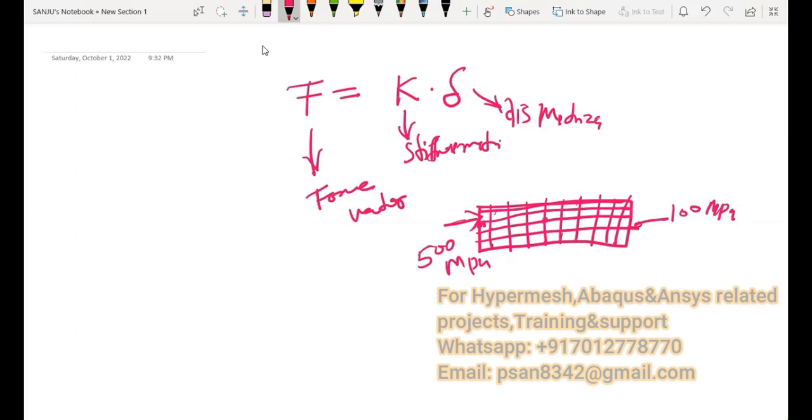Suppose I want to know the stress or the deformation at unknown areas, I can find it out by using finite element analysis. I know the forces, I know the constraints, right? But if I want to know the stress or the deformation in the unknown areas, the software in the background has some algorithm to get the result at unknown areas by the method of interpolation.